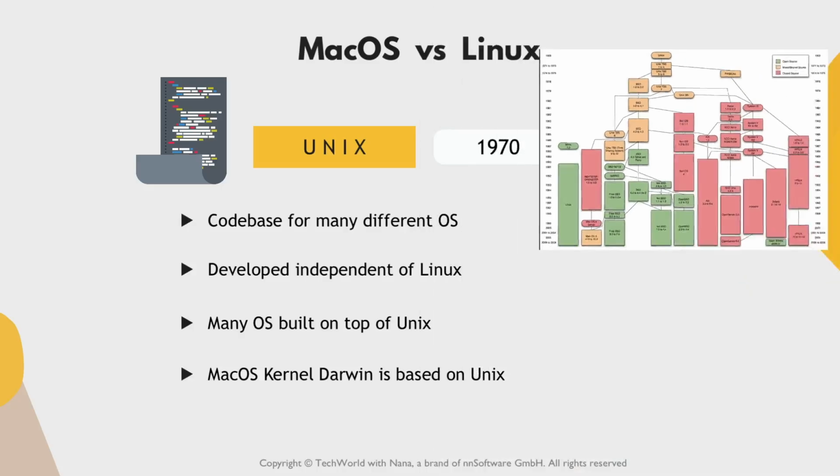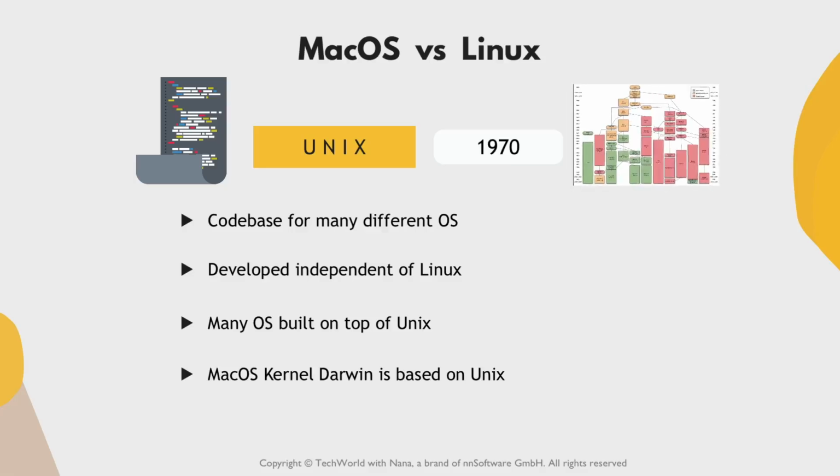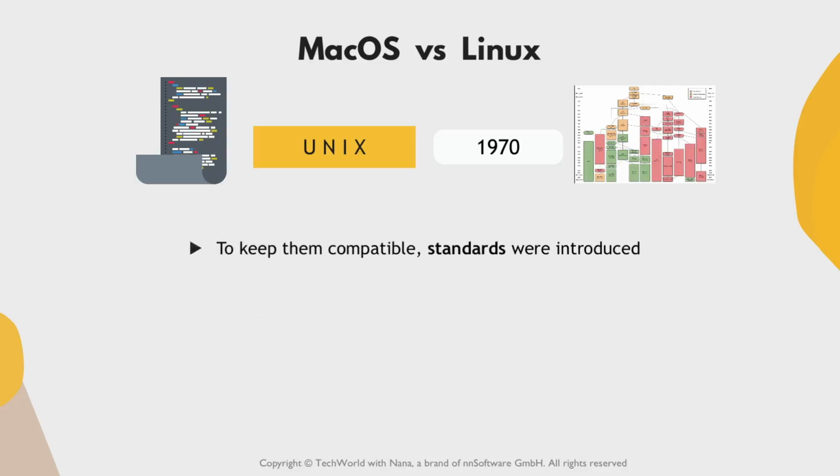And because many different operating systems were developed from Unix, and there were many different versions of them, to keep them compatible with one another, standards were created for programs and applications that would run on these operating systems.